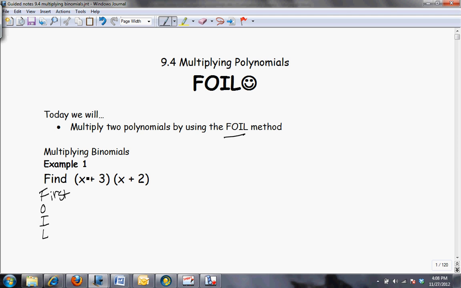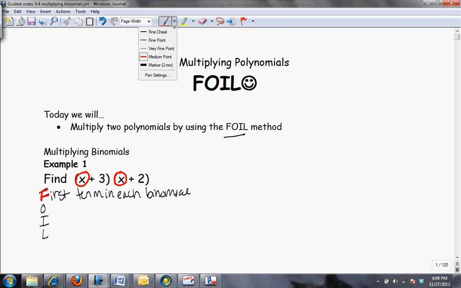We're not going to write this each time, just this first time, so please copy it down. So if I were looking at the first term here, it's going to be the first one in this binomial and the first one in this binomial. So that's our F.